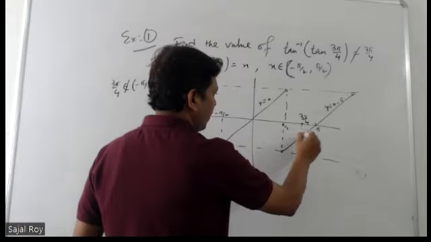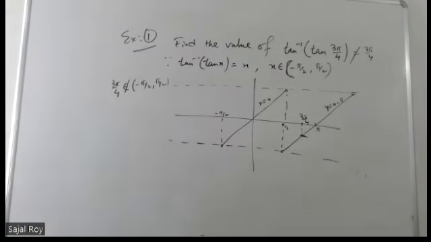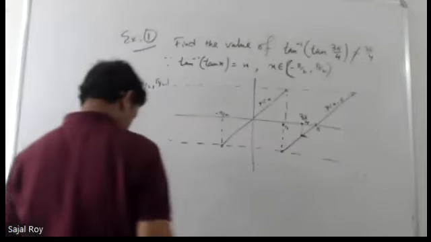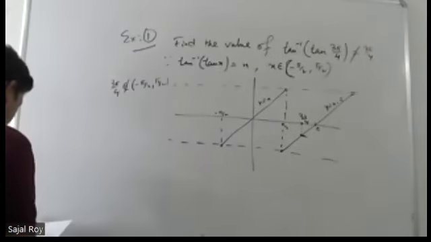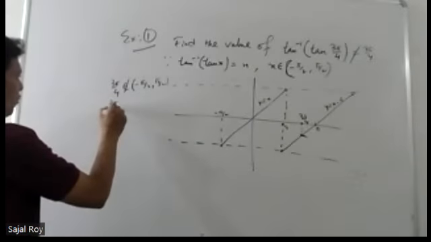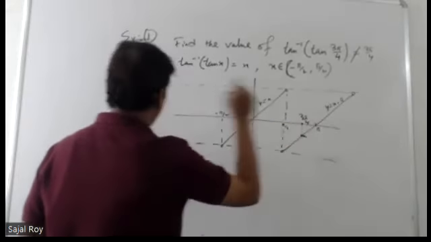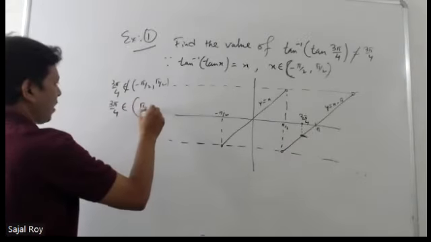So this should be the value of your function. What is this graph? Tell me. So 3 pi by 4 belongs to the interval pi by 2 to pi. Am I clear from the graph?